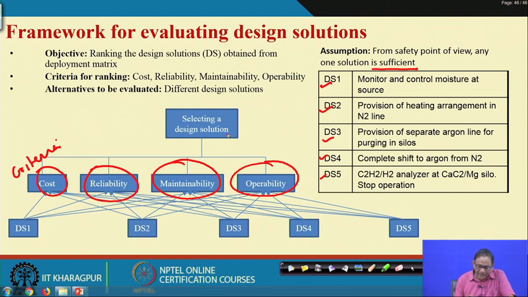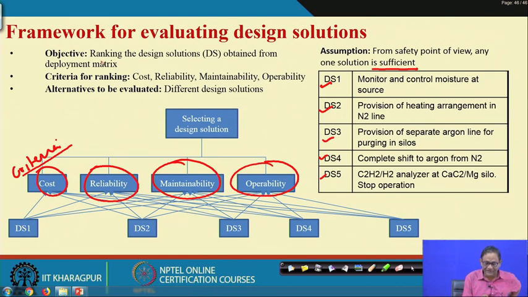Then you will choose one of the 5 design solutions, which will ultimately be weighted with the criteria satisfaction. That means the design solution should satisfy the criteria, and at the same time there will be one which is best. So, what are we doing then?